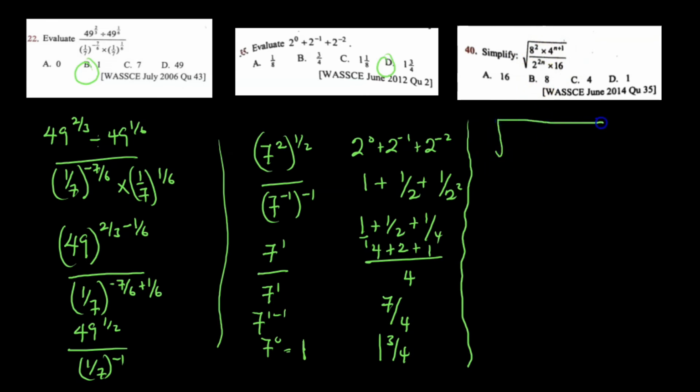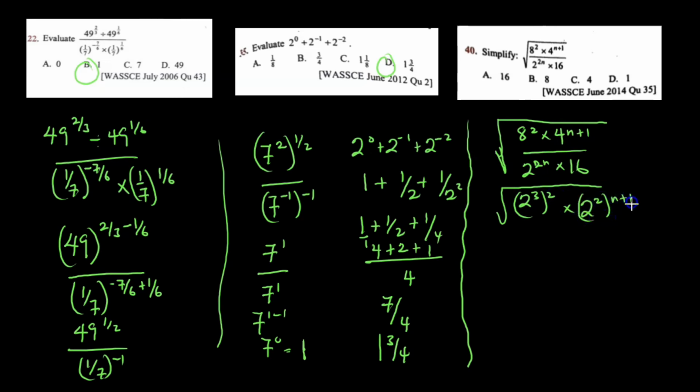Our question is, we should simplify 8 squared times 4 to the power n plus 1, all over 2 to the power 2n times 16. As I said earlier, we can write all of them to a base of 2. So we are going to have 2 to the power 3, all to the power 2, times 2 to the power 2, all multiplying n plus 1.